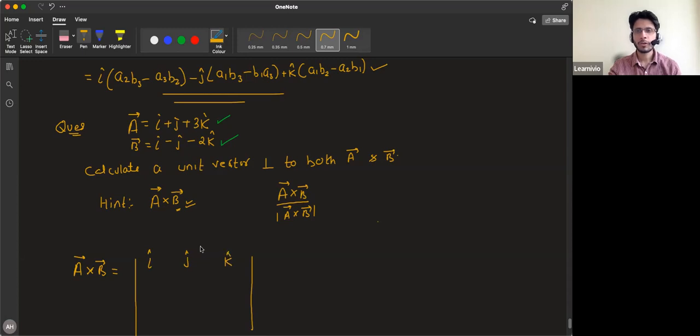Okay, let's do it. So Hiba and Betsy, you will tell. Betsy, what will be the first row after i cap, j cap, and k cap? What will be the next row? Hiba, what will be the next row? 1, 1, and 3.